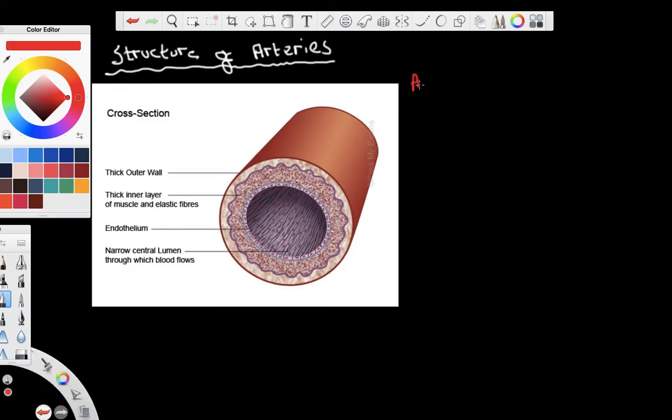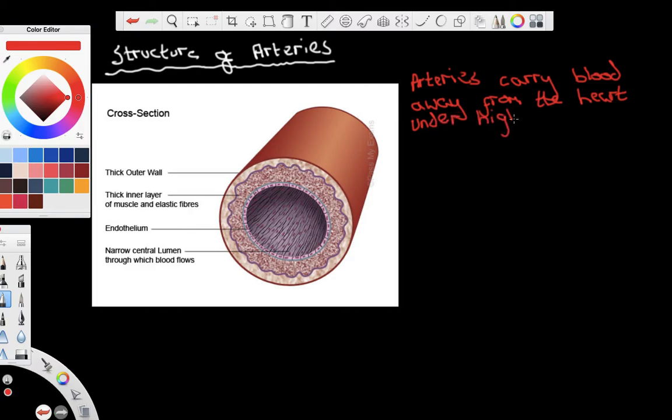We can say that arteries carry blood away from the heart under high pressure.